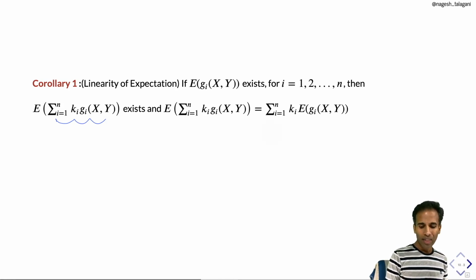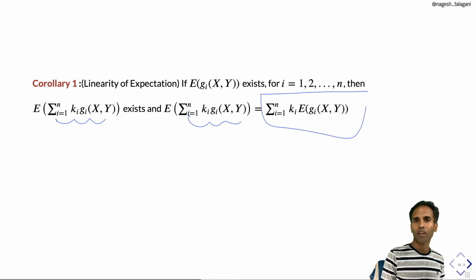Not only that, expectation of this linear combination is going to be the linear combination of expectation of g1(X,Y), expectation of g2(X,Y), and so on, expectation of gn(X,Y). This is a general result. We can easily prove it using induction. The base case is going to be n equal to 2, which we proved in the above theorem.